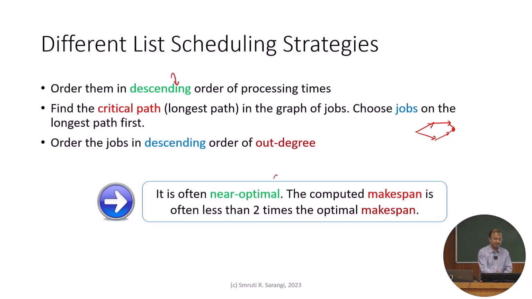So all of these problems are NP complete. But there are many results that say that they can be made near optimal. How near optimal, we will see. So we'll first look at a result which says that the computed makespan is often less than 2 times the ideal makespan.